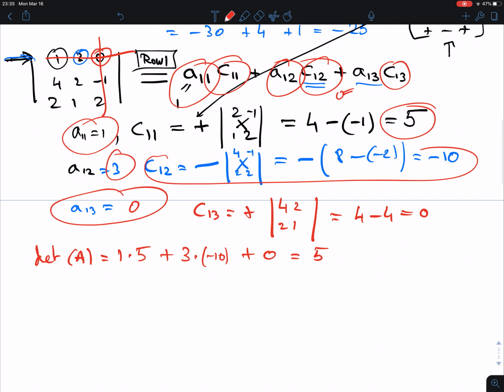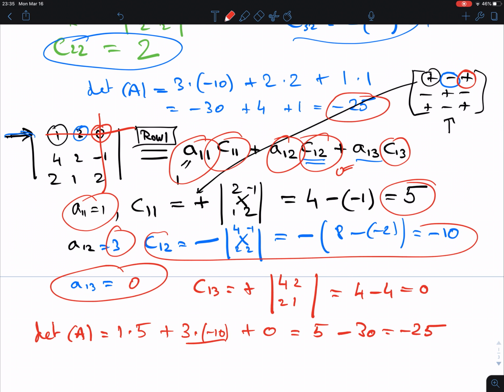That is 5 minus 30, which is minus 25. Look, the same number that I found here. And that is the beauty of this thing: it doesn't matter how you do it.